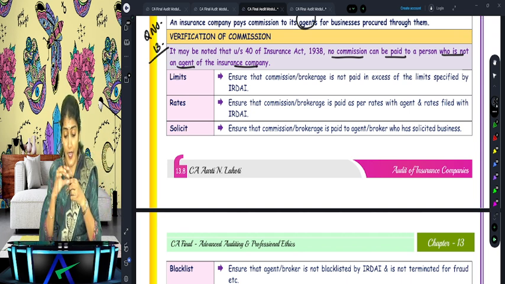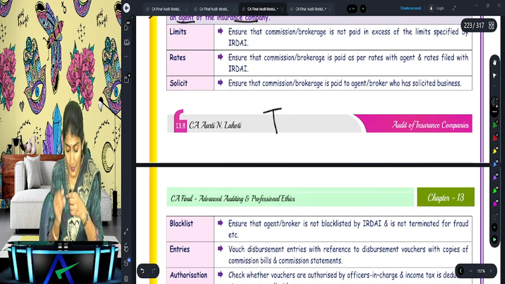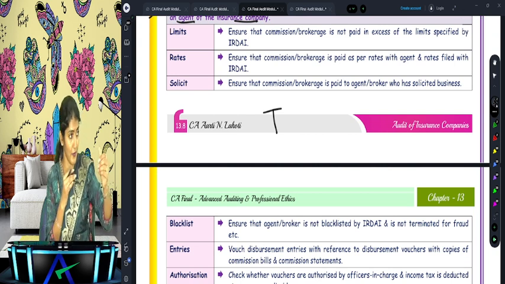Okay, right. And now what does it say? The commission which is to be paid to the agent, it has to be within the limit. Whatever is the limit, whatever is the rates of calculation, it has to be paid within the limit. Then for what are you paying the commission to the agent? For whatever business he got for your insurance company. If he did not get the business for your company, are you going to pay him the commission?